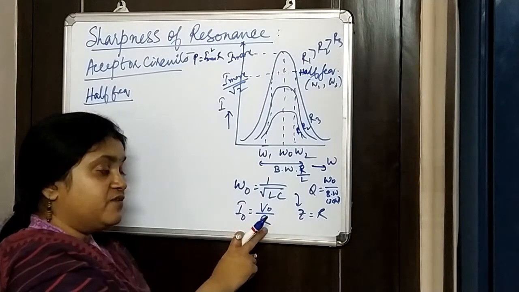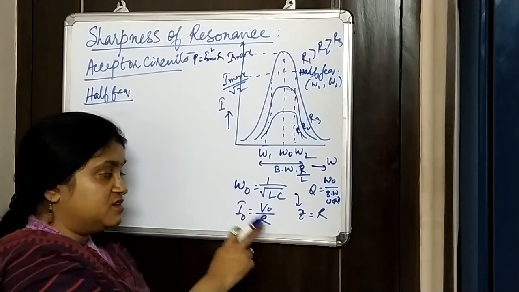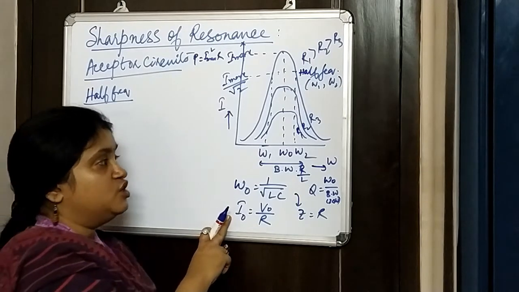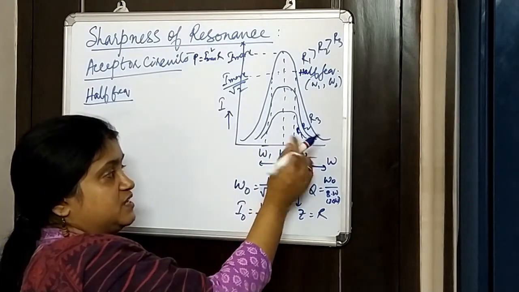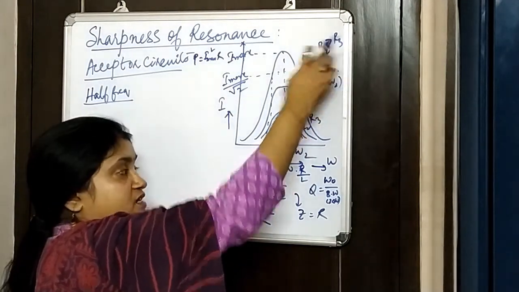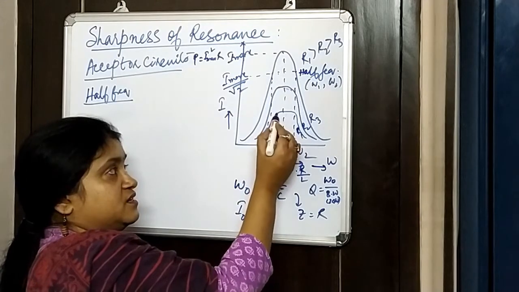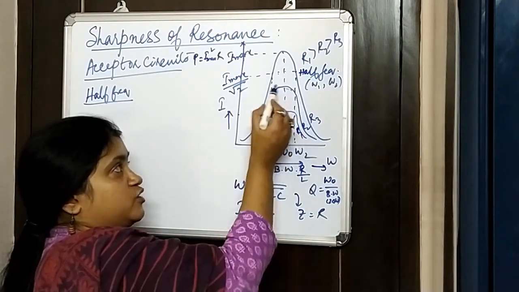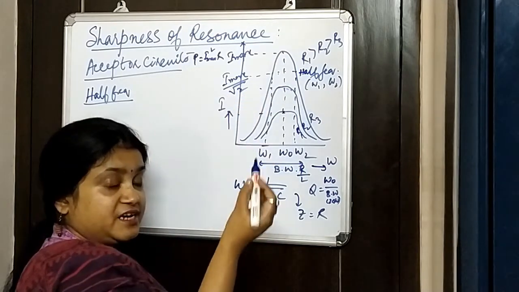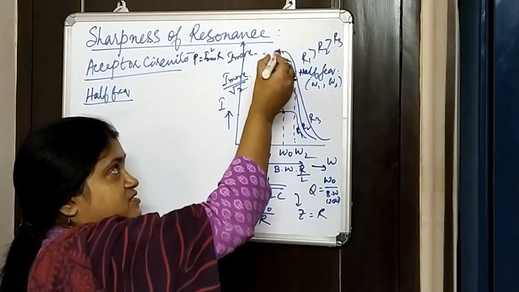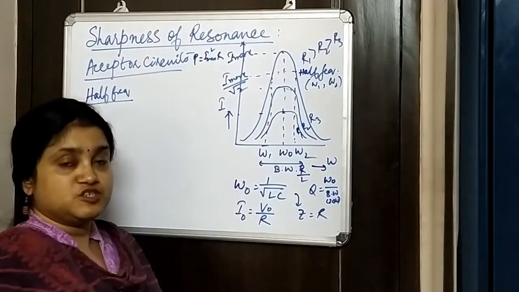You see, if R keeps on increasing, the maximum current keeps on decreasing. In this case, R1 is greater than R2, which is greater than R3. So R1 has a maximum current this much. R2 has a maximum current more than that because the resistance is less. R3 has the least resistance, which has a maximum current this much.